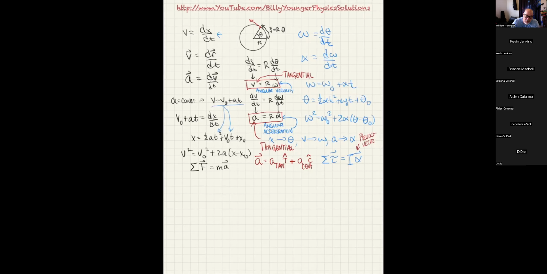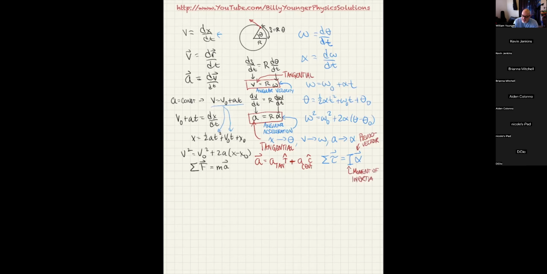It doesn't behave properly in that type of setting. But the main thing is this thing introduces a new quantity called the moment of inertia.